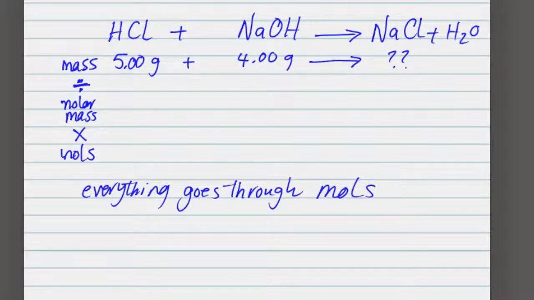Okay, so hydrogen molar mass is 1.008, chlorine is 35.45, so that would be around 36.50.